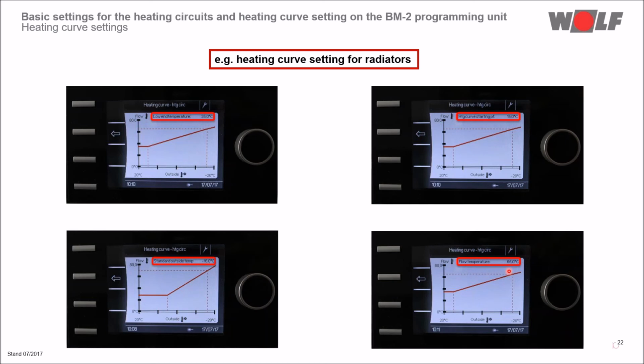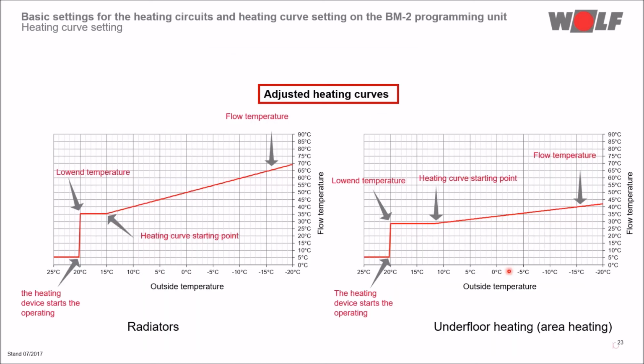Here are the adjusted heating curves once more, enabling a direct comparison between radiators and area heating. It's immediately obvious that the gradient is lower in the case of area heating. Here you can also see when the heating appliance starts up.